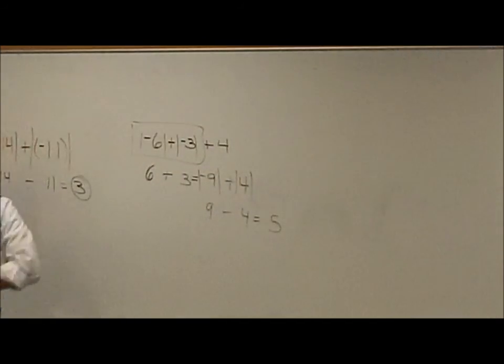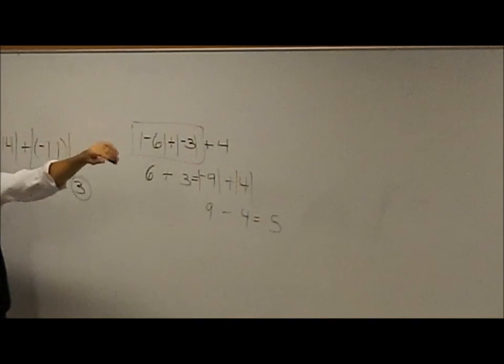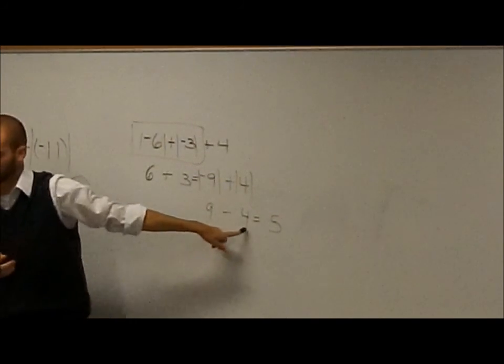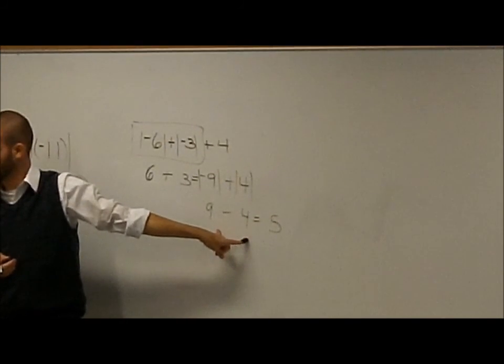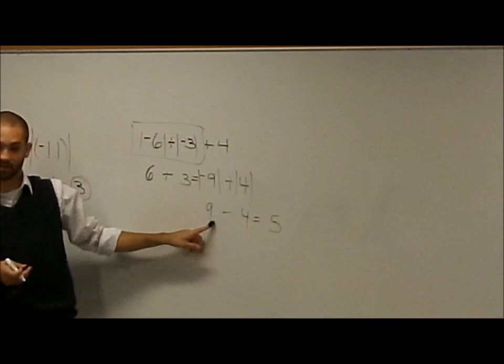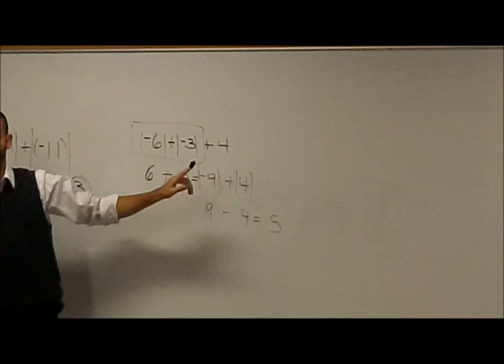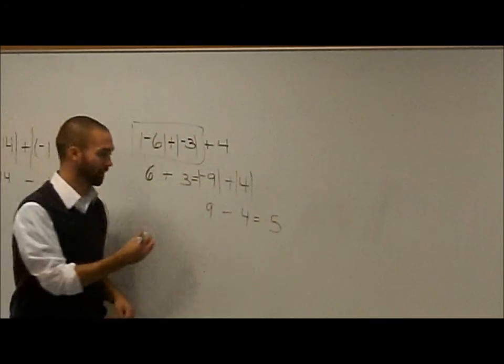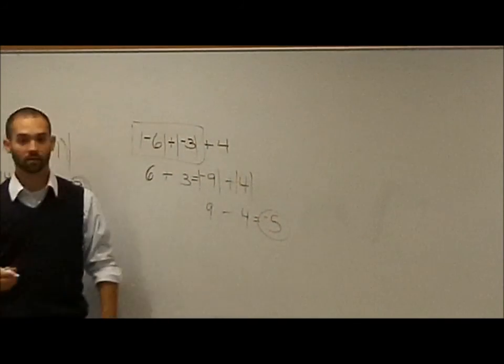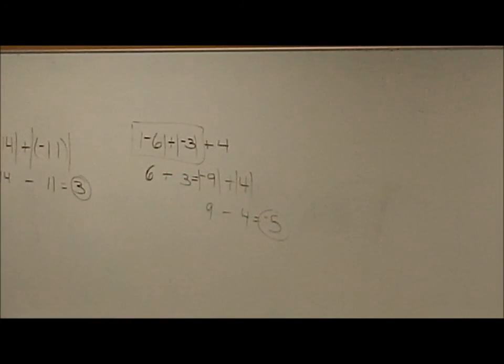Now, is it positive or negative? Negative. Why is it negative? Because the 9 was bigger than 4. So we go back to the absolute value. Who's larger? The 9 is. Then we go back to its original, and it was negative. There's the negative. Okay? Good? Clears things up?